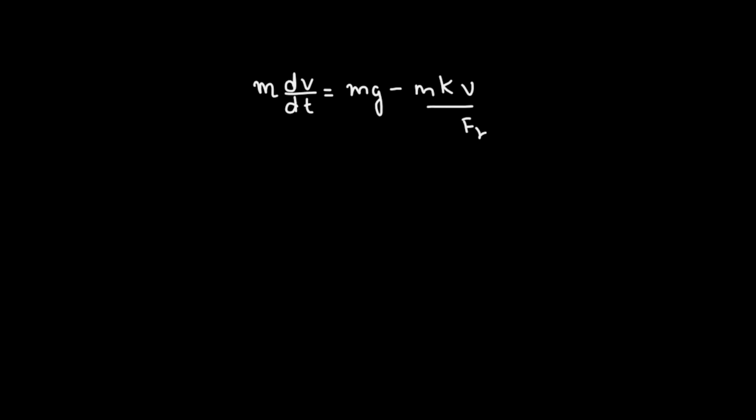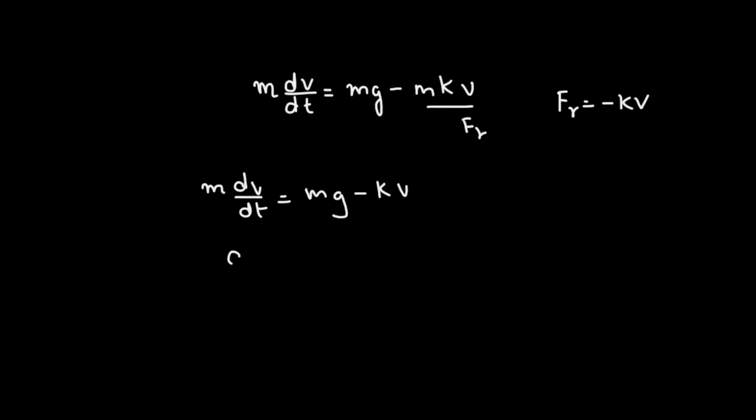If we do not consider the case where the resistive force is defined per unit mass, and it's simply F of r given by negative k times v, then we will have m dv over dt equals mg minus kv.